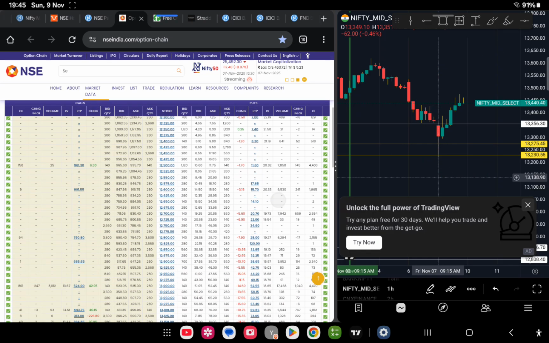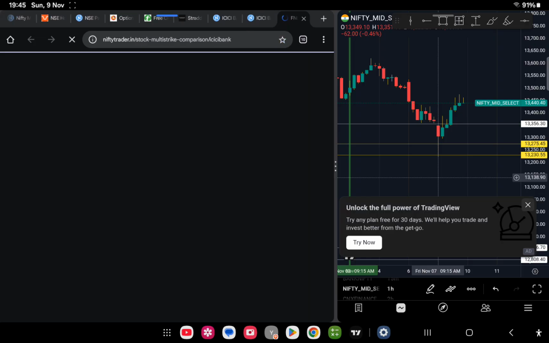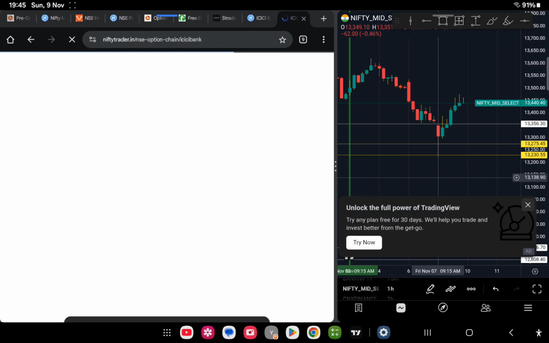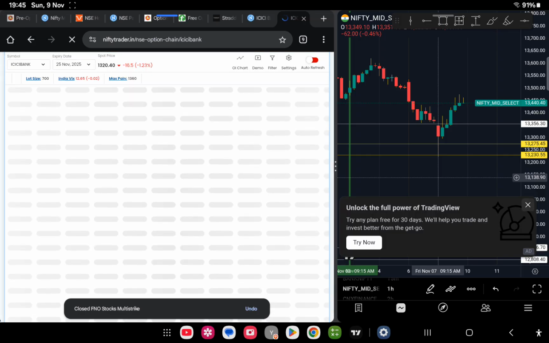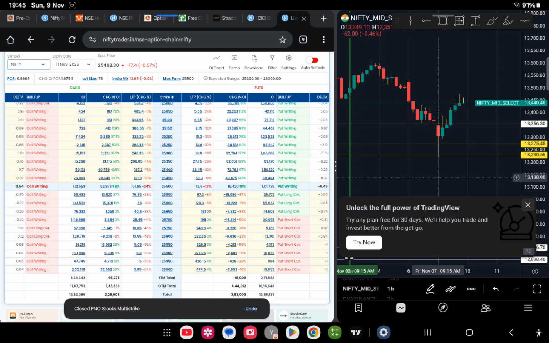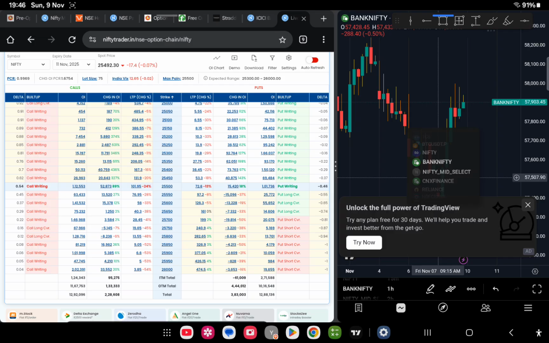Now we'll move on and I'll try to gauge it against the OI. So first off, I'm going to check Nifty. So you could see 11 and 10, so almost sideways picture is there for Monday.